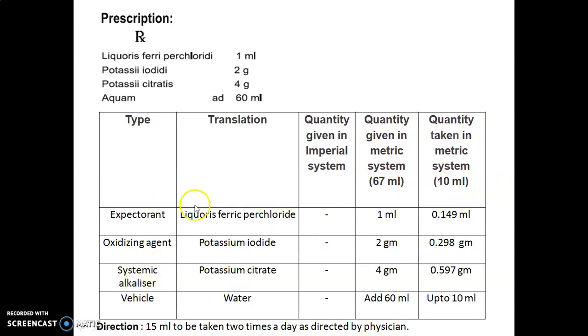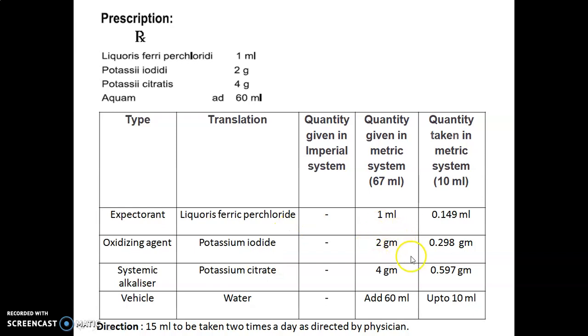So let's first see liquor ferri perchloridi, which is used as an expectorant. The quantity given in the metric system is 1 ml. So the quantity taken in the metric system for preparing 10 ml is 0.149 ml, which is calculated according to the factor. Then potassium iodide, which is used as an oxidizing agent.